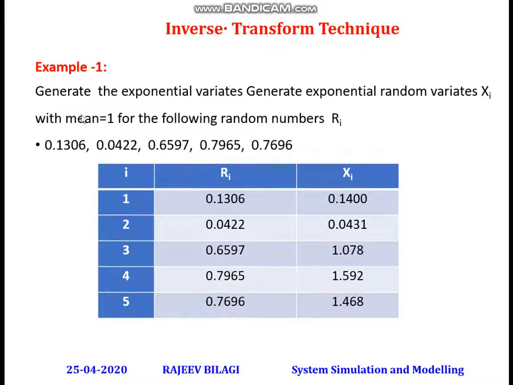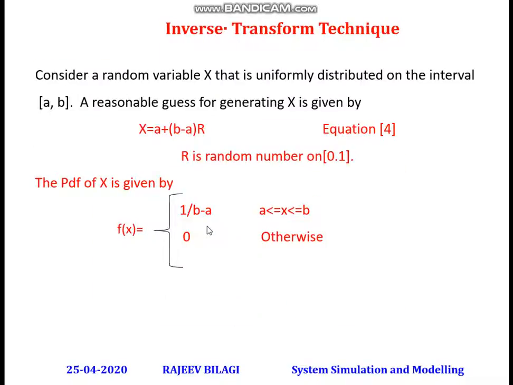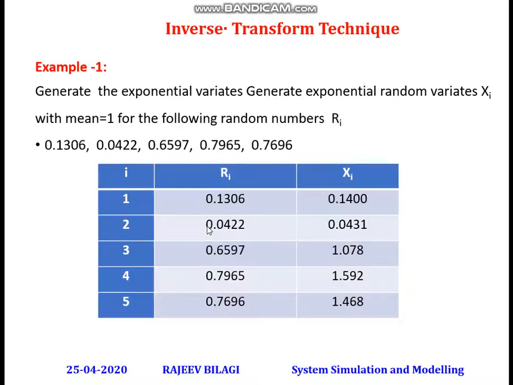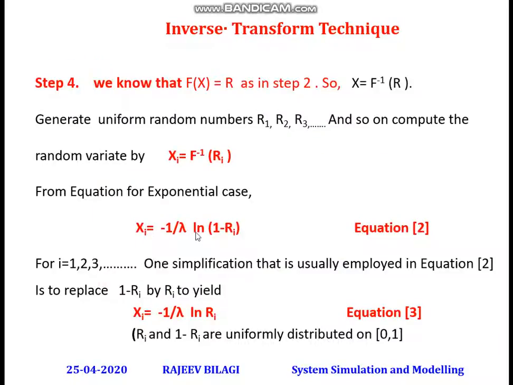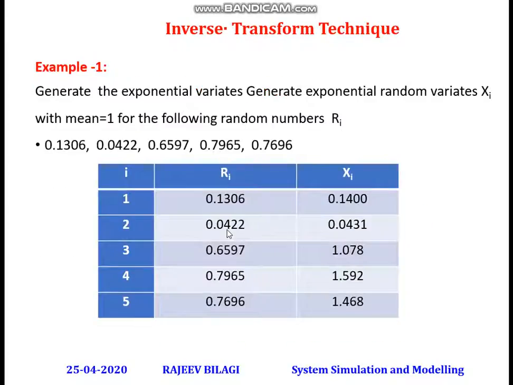So the mean value will be given for the following set of random numbers. Now if you look here, if you find the values Ri, you are going to get 0.1400. How? If you look at ln of 1 minus the first value Ri, it is 0.1306.